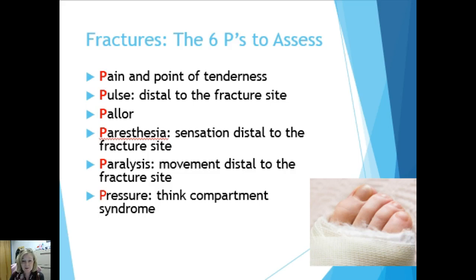Is there pallor? So what's the color of the fractured site? Is there paresthesia? So the sensation to the digit of the fractured site. Paralysis, is there movement distal to the fracture site, and pressure? We always want to keep in mind that there's a risk of compartment syndrome. So we need to understand there's a risk of pressure inside that compartment.